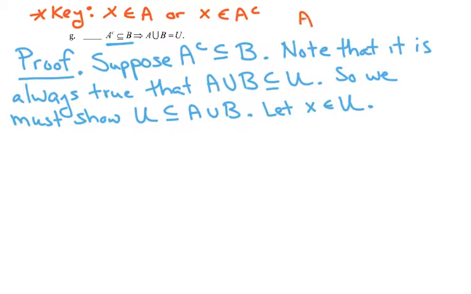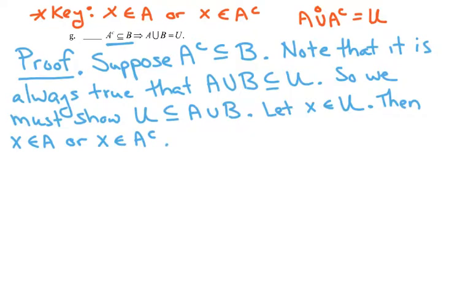Well, A union A complement is the universal set, and this is a disjoint union. That means they have nothing in common. So one of these has to be true, and both of them can't be true in this case.